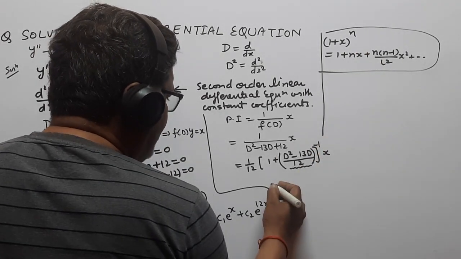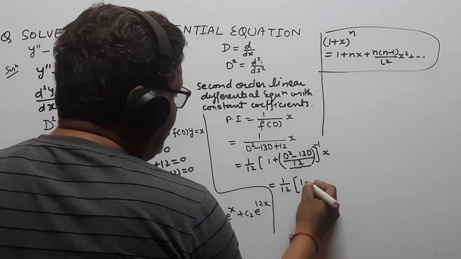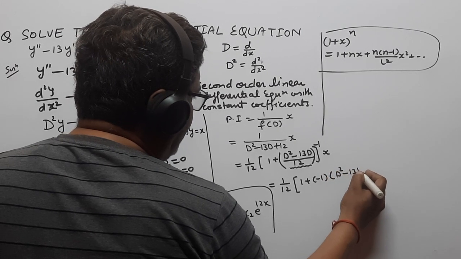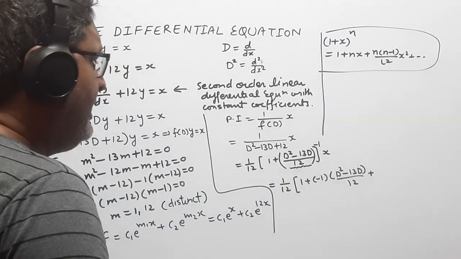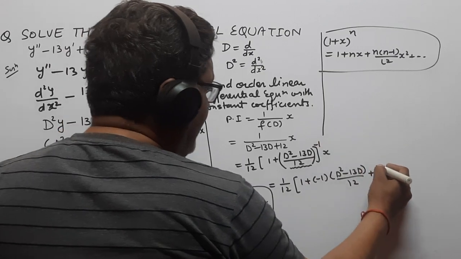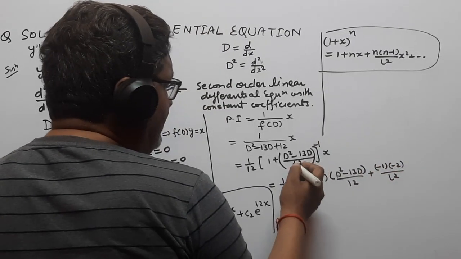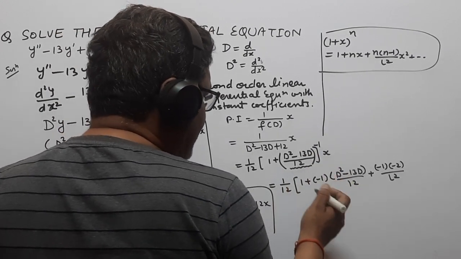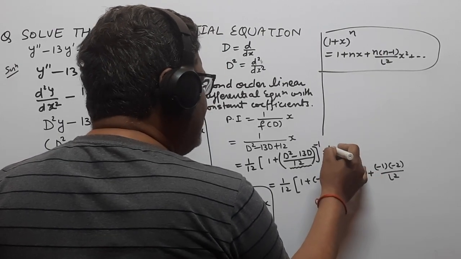Using this expansion, we get 1 upon 12 times 1 plus nx, where n is minus 1 and x is D square minus 13D upon 12, plus the next term with minus 1 into minus 2 upon factorial 2 and x square. We take only the second term, because the power of x is 1.